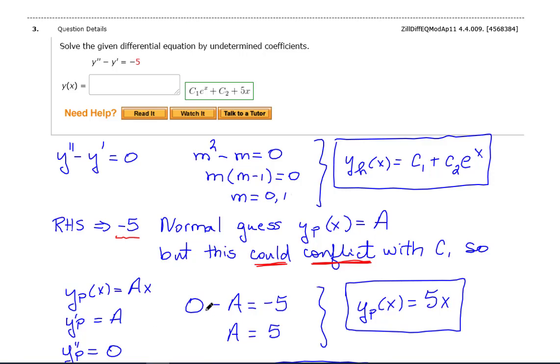So plug this in, I get 0 minus a is -5, and so I get a is 5. Therefore, my particular solution is 5x.